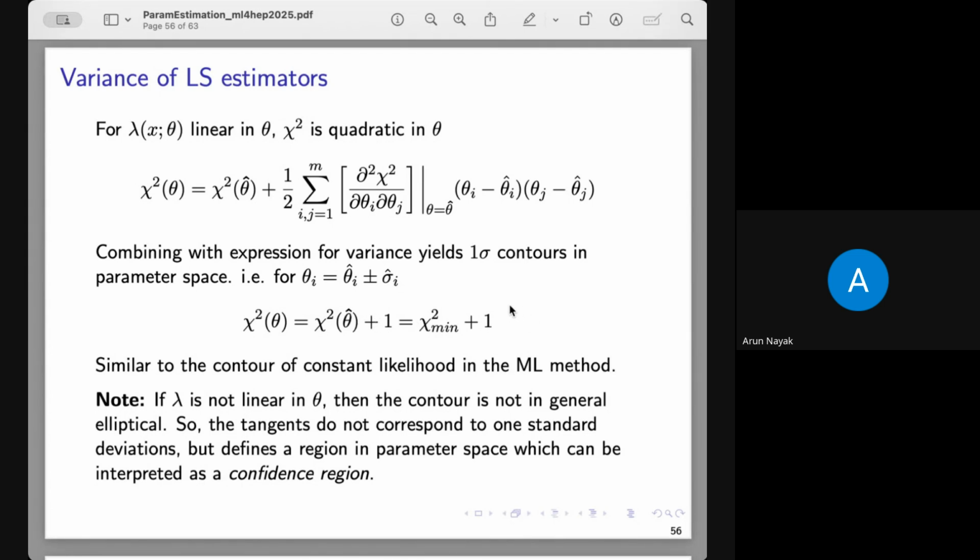That means to get the error in a graphical way, you can scan the parameter around its fitted value to get the distribution of the chi-square as a function of theta, and then see where the chi-square increases from the chi-square minimum by 1. That gives you the 1 sigma error for this parameter theta. Okay, so one can also get the 2D contour if we have more than one parameter, similar to the maximum likelihood case.